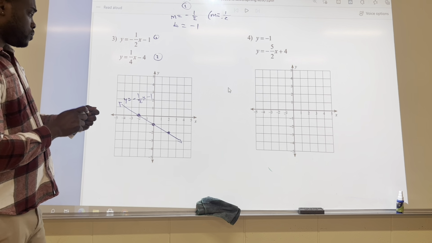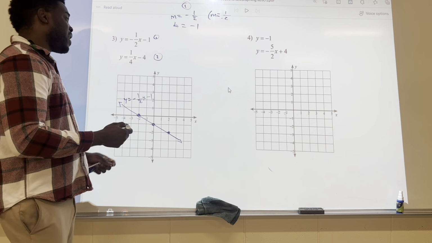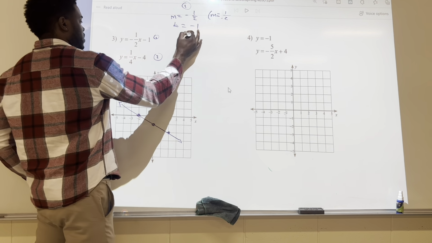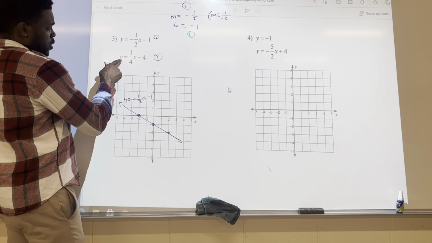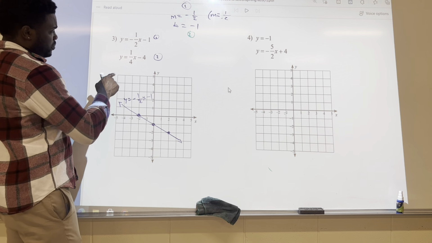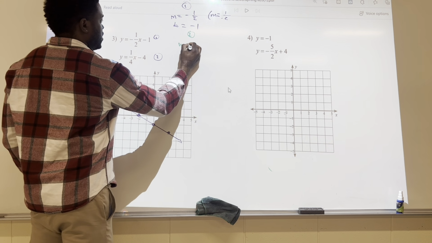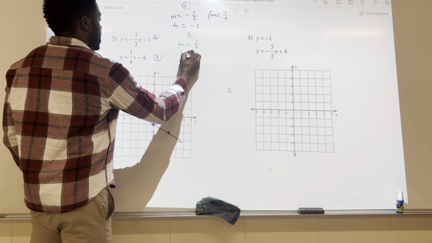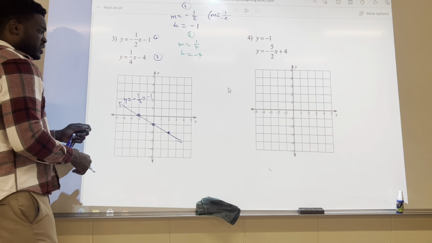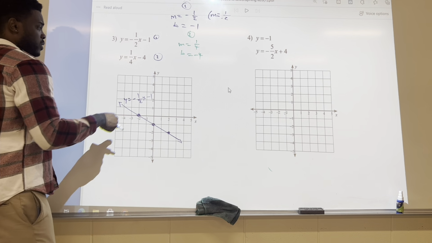So now, let's go ahead and graph our second function over here, right? We say that my m is 1 over 4 and my y-intercept is negative 4. So we know that this is a positive slope, meaning that I have to come from this way going that way.